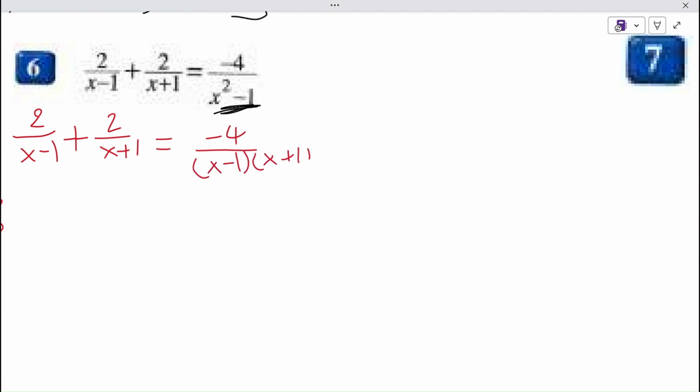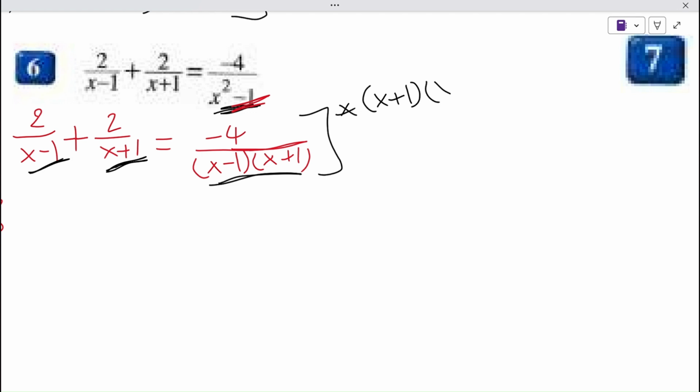The second step, you have to multiply all the sides by the common denominator. The common denominator of our equation is x plus 1 and x minus 1, because we have x plus 1 and x minus 1 here. So we have to add it for both of the sides: x plus 1, x minus 1.